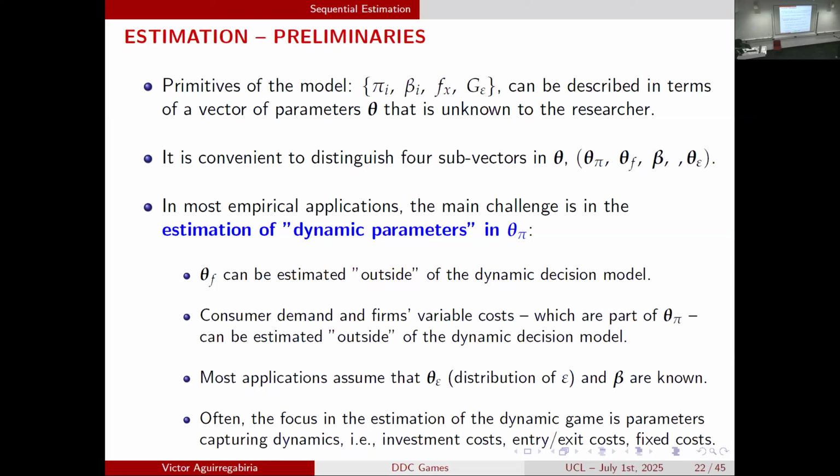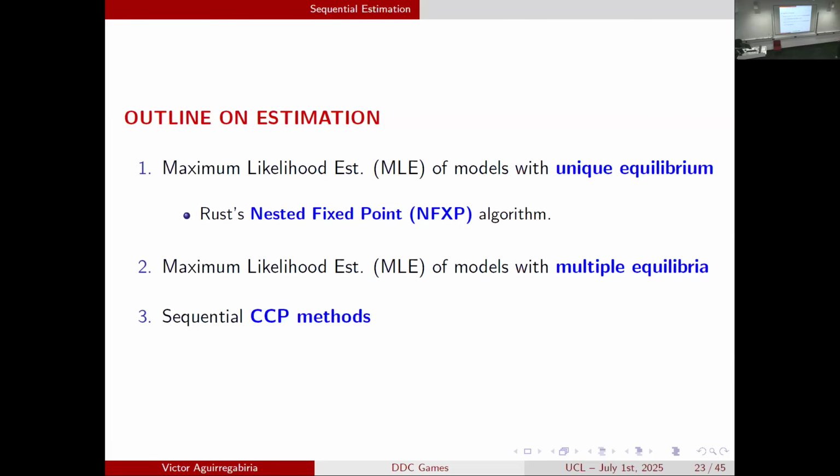And most of the papers assume that beta is also known, but we can revisit that later. Then I'm going to focus here on the estimation of the parameters in the payoff function.